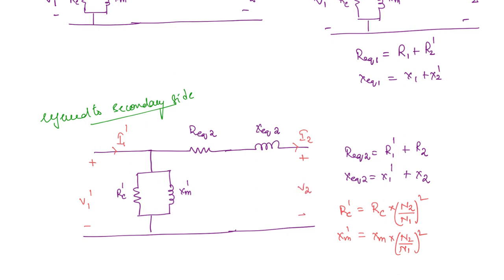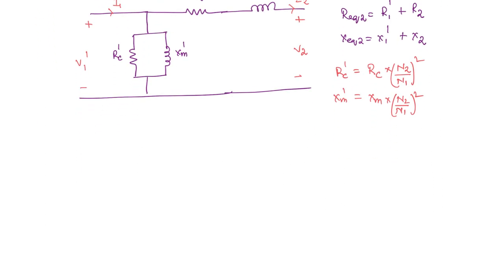The secondary side parameters will remain as they are, while the primary side parameters are going to change. So in comparison to these currents, the current through this branch is going to be very less. So we can ignore this entire branch. Then what you are going to get is the final approximation, which we will often use.